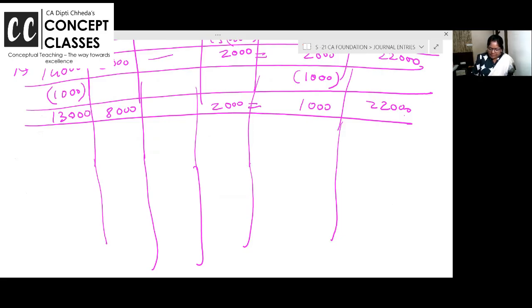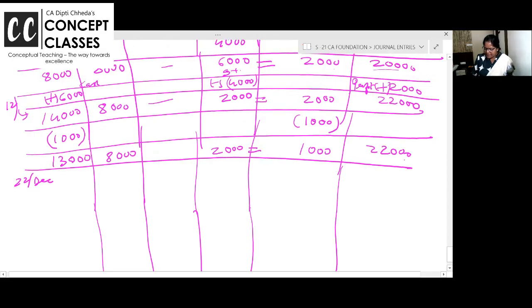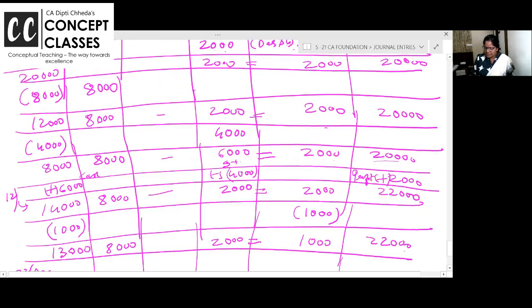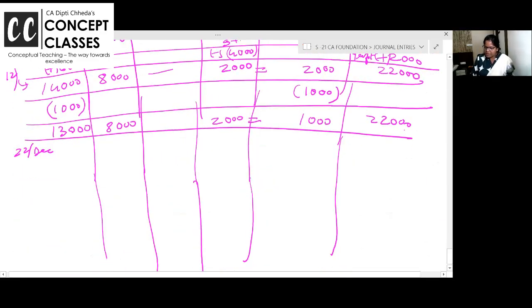22nd. Received from Banerjee. 22nd December, money came from Banerjee. Let us take it as our debtors. I have written here. How much money came from debtors? 300 plus Banerjee. 300 you have received the money.